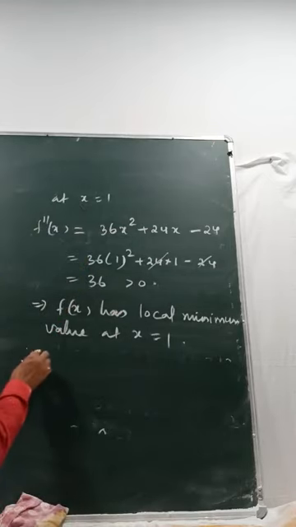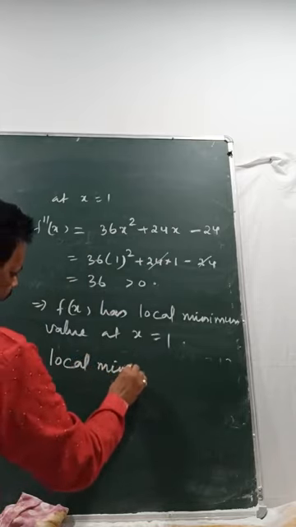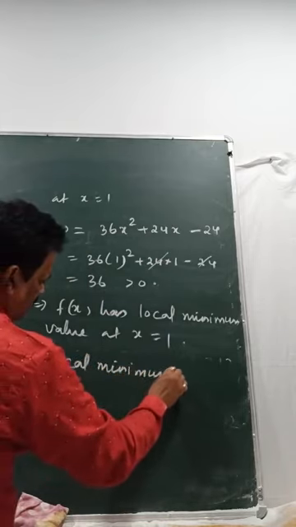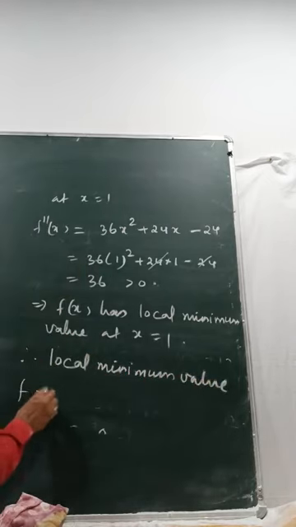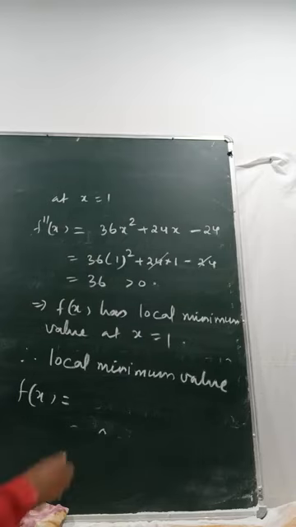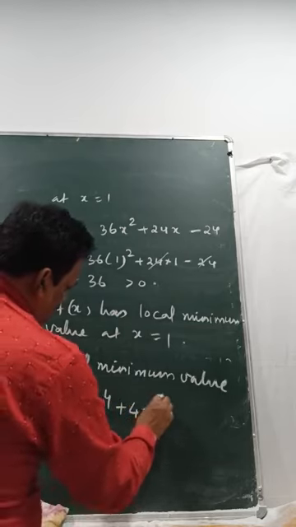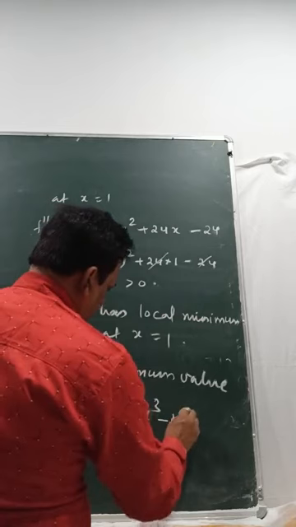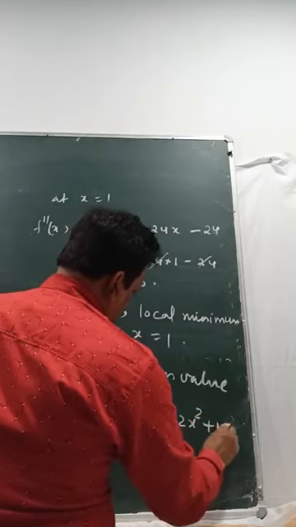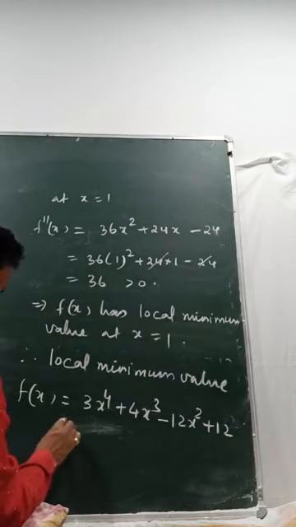So therefore the local minimum value: f x is 3x to the power 4 plus 4x cube minus 12x square plus 12. Okay, so if I put here, how much will I get?